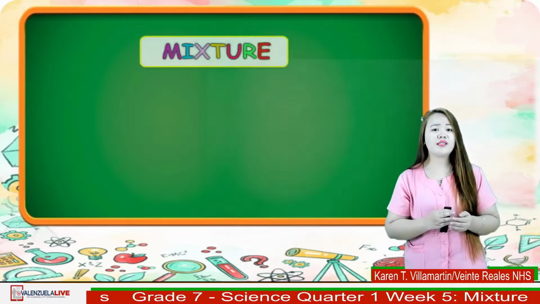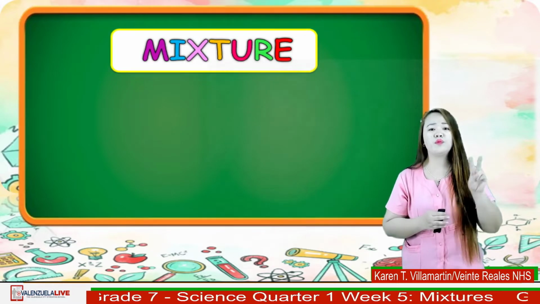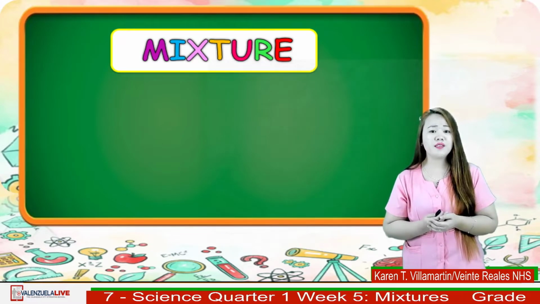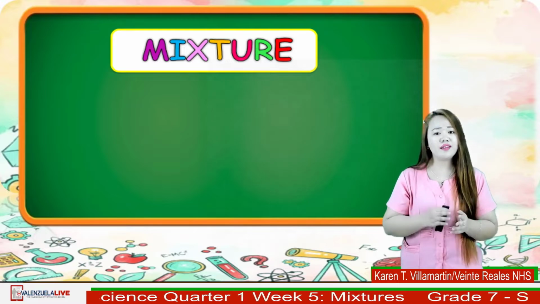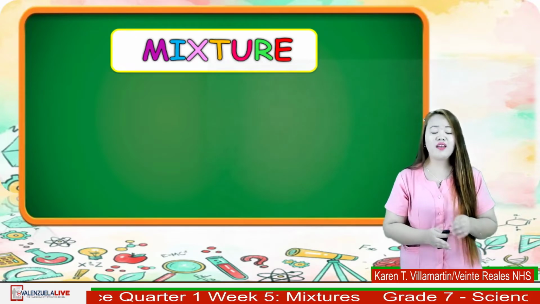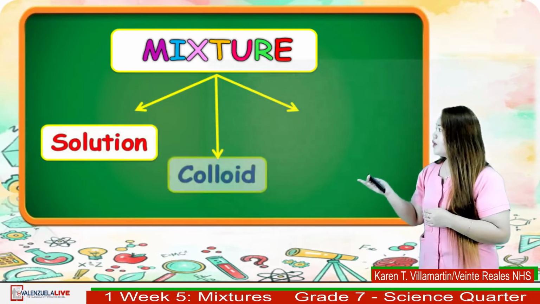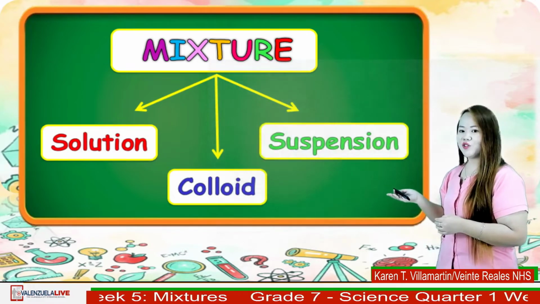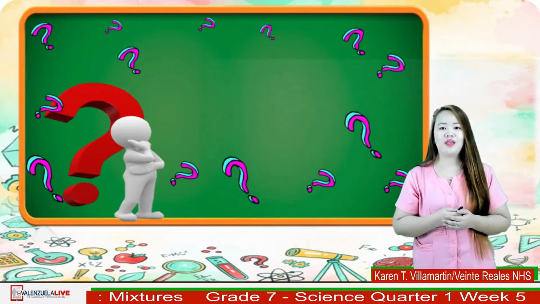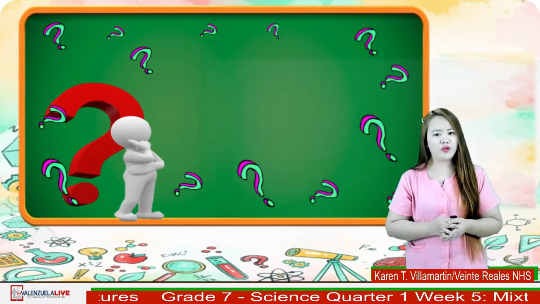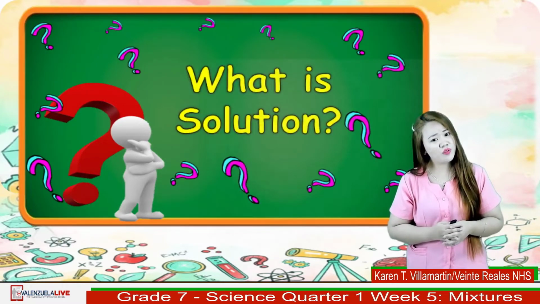A mixture is the physical combination of two or more substances in which the identities are retained and are mixed in the form of a solution, colloid, and suspension. In terms of a mixture, what do we mean by solution?